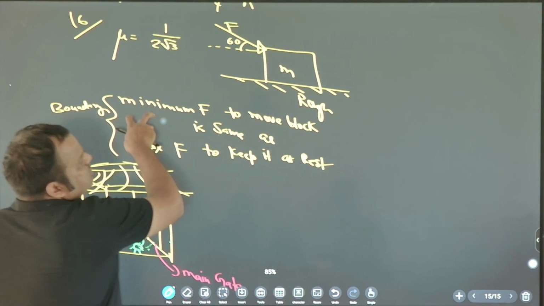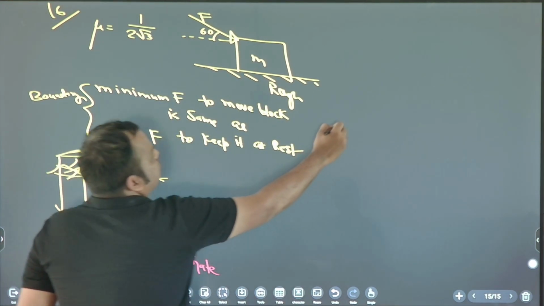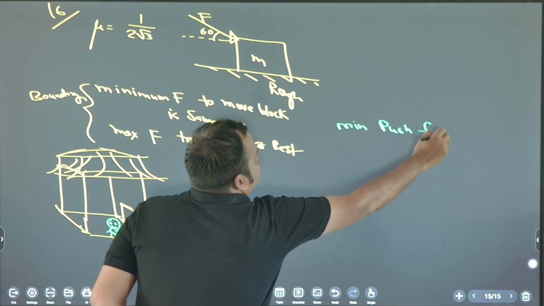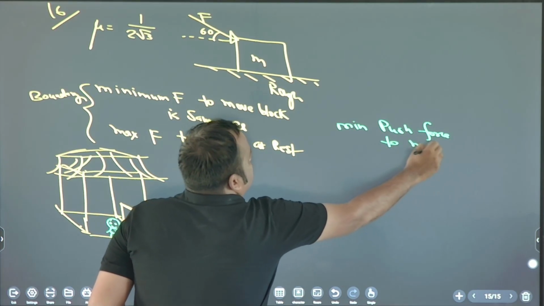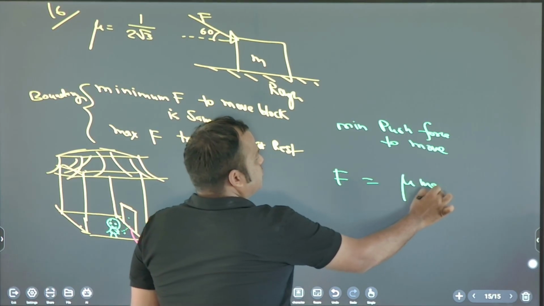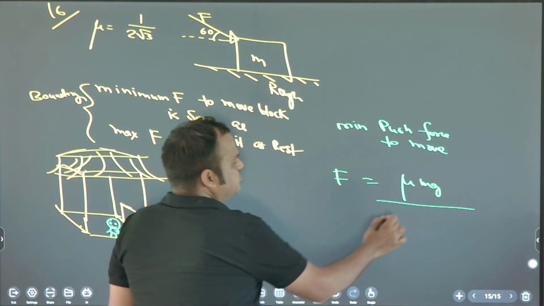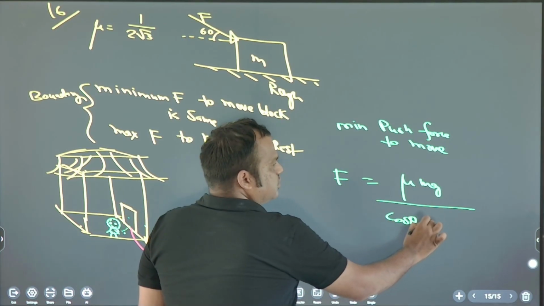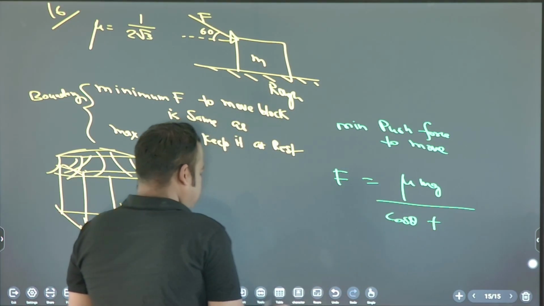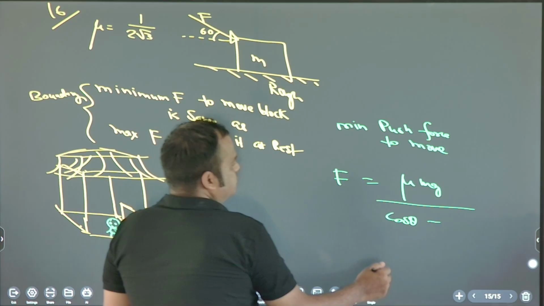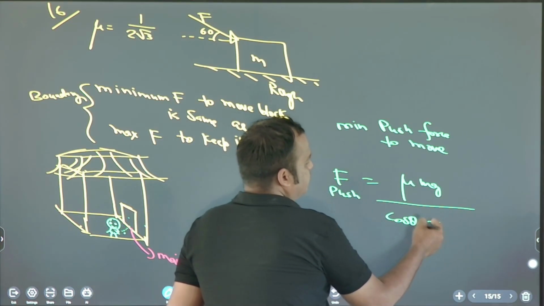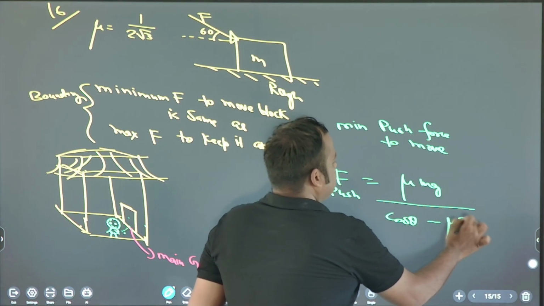So there is a formula also we derived. What is the formula? Minimum push force to move: mu mg divided by cos theta plus... No, no, I think minus mu sin theta.